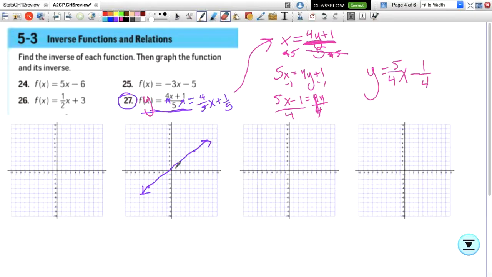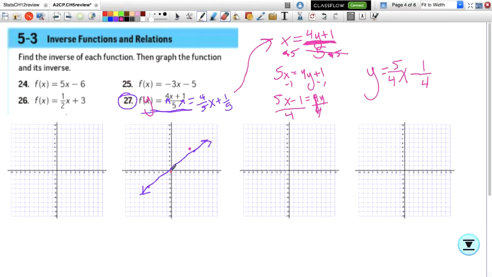So I'm going to start at negative 1/4, which is pretty darn close to 0. And I'm going to go up 5, so 1, right underneath the 1, 1, 2, 3, 4, 5, and then I'm going to go over 1, 2, 3, 4. Whew. Then I'm going to go down.